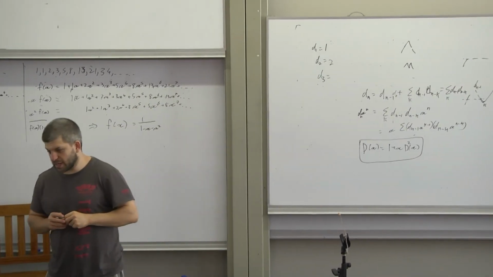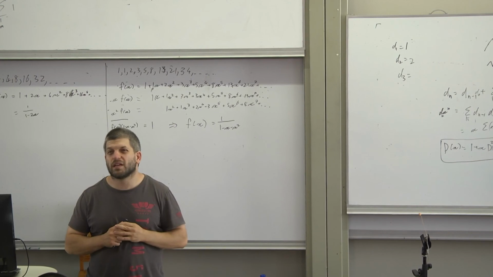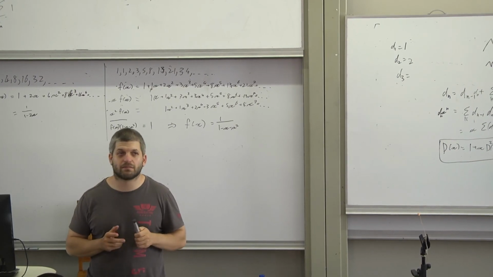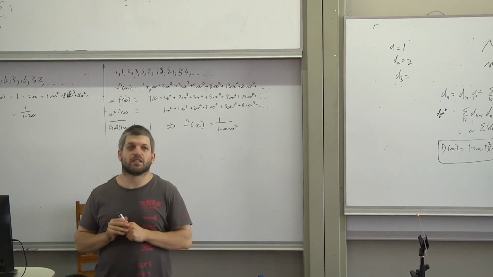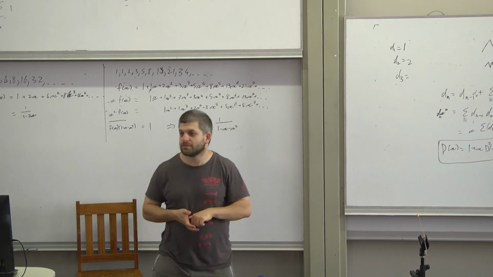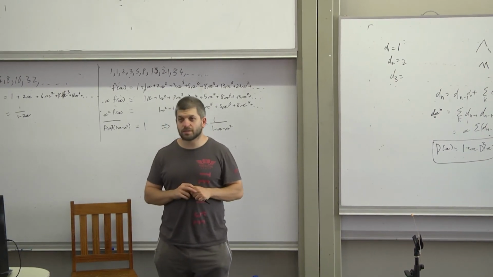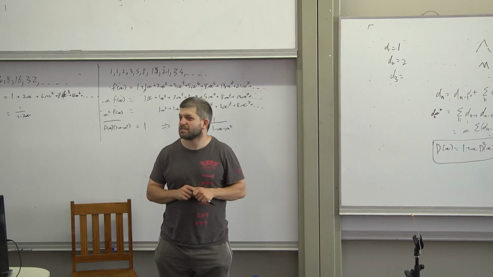And it's of length 2n, or length n, depending on how you want to look at it. And the probability that it stays above the axis the whole time is this nice 1 over n plus 1 fraction. Well, that's quite nice, isn't it?